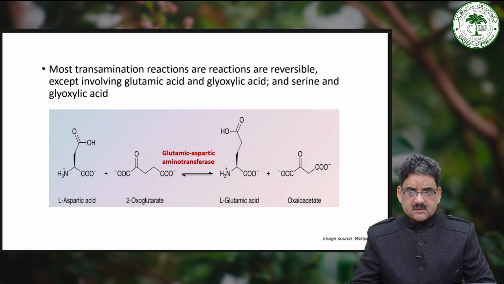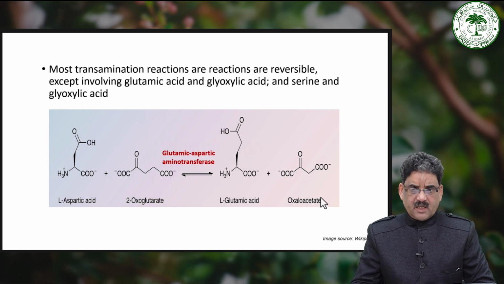In these instances, the direction of the reaction is favored toward the formation of a specific product, influencing the overall balance of the transamination process. As you can see here, aspartic acid and alpha-ketoglutarate are converted into glutamic acid and oxaloacetate in the presence of the enzyme glutamic aspartic aminotransferase.